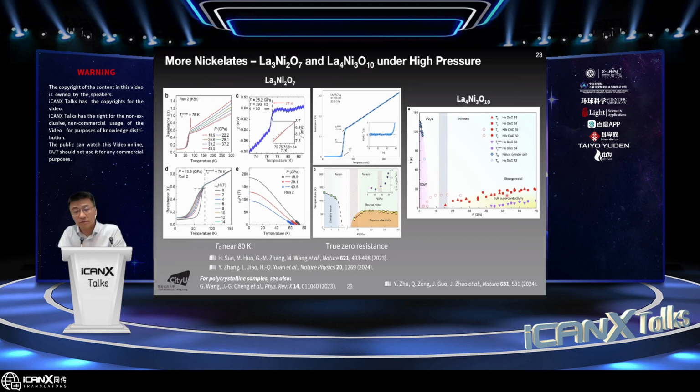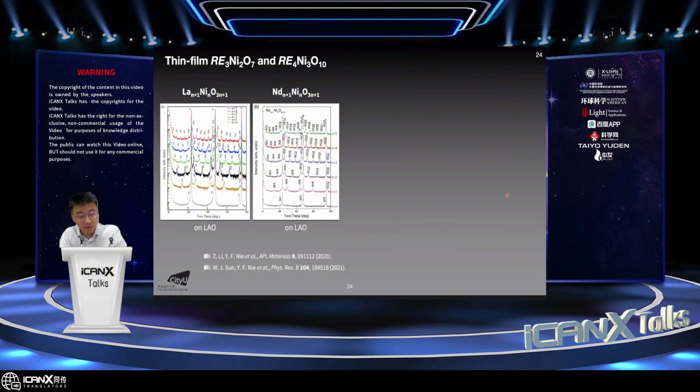So since I'm from a thin film world, these discoveries have enlightened the pathway forward for me, at least, that thin film would be a natural way to go, because we can use thin film heterostructures by growing these materials on a single crystal substrate to introduce the needed pressure and hopefully stabilize these superconducting states at ambient condition and ambient pressure.